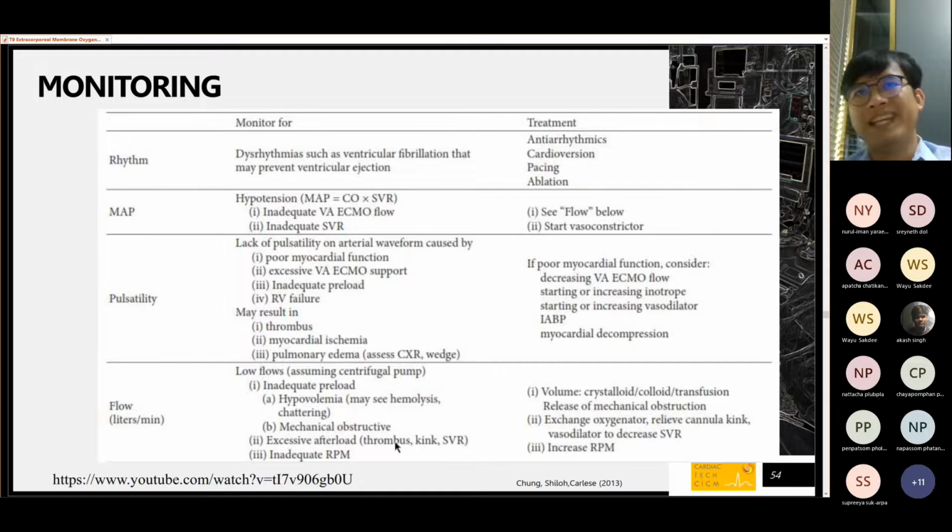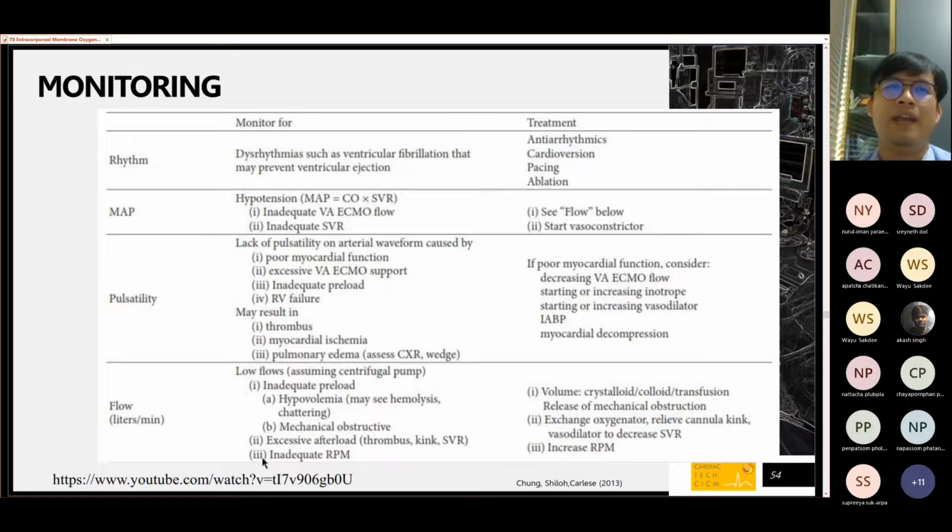It may be from clot obstruction, blood thrombus, or high SVR, systemic vascular resistance. Imagine the pump flow cannot flow into the circulation, right? So it can cause the flow to go down.